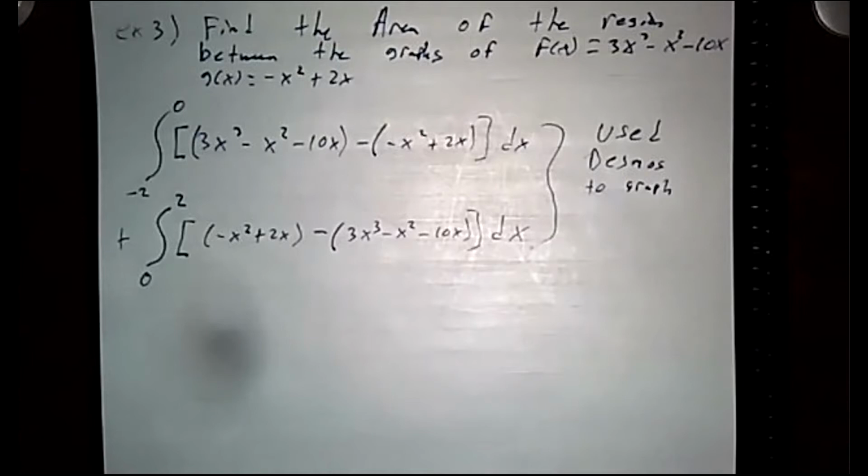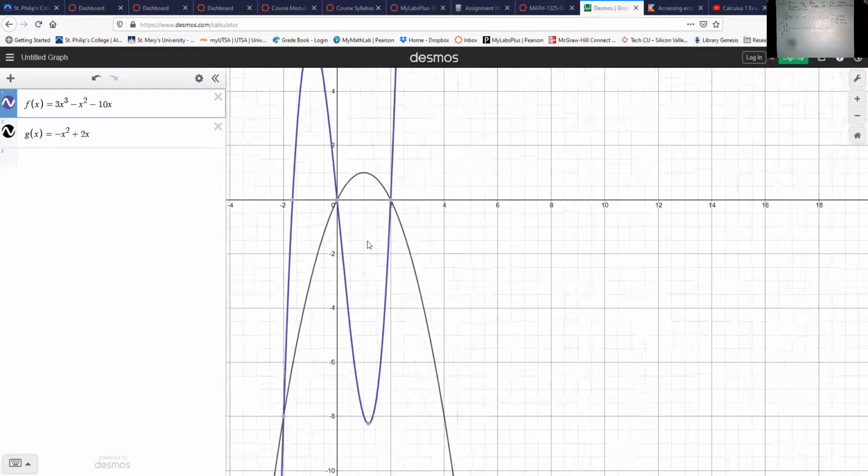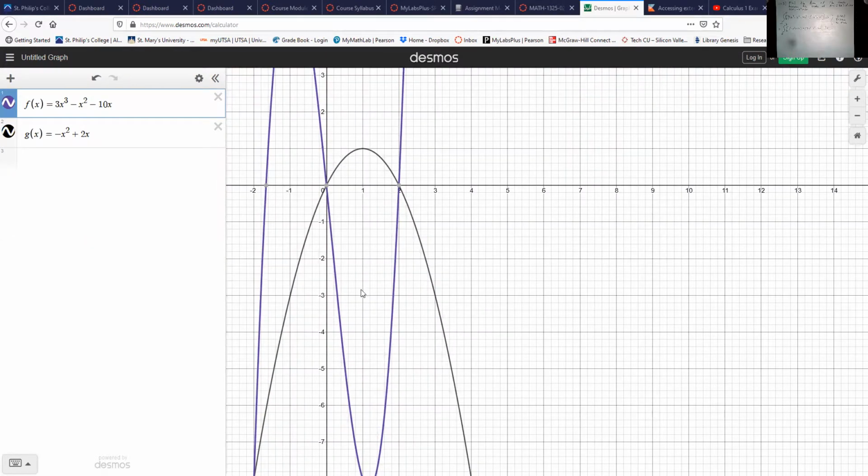Why, on the second integral, why did the negative x squared come before this? Why did g of x come before f of x? It's all determined by what's on top of the region. If you look at only this little chunk here, this enclosed space, the top part is the parabola.